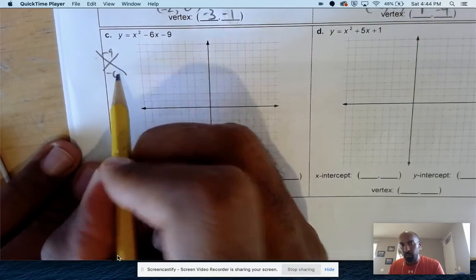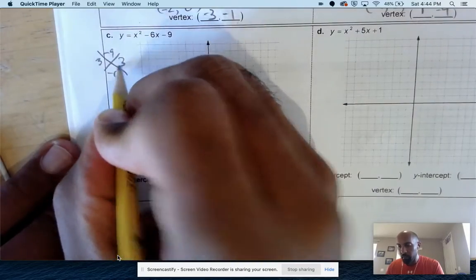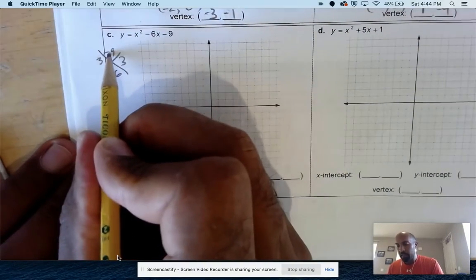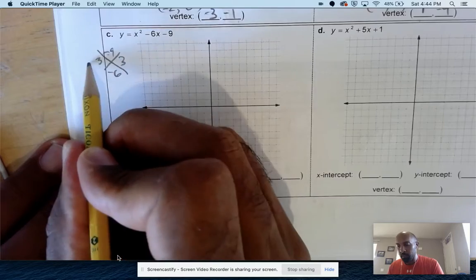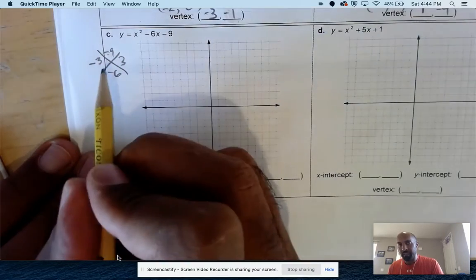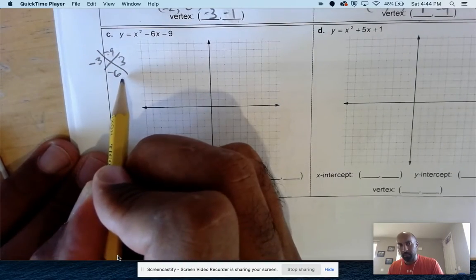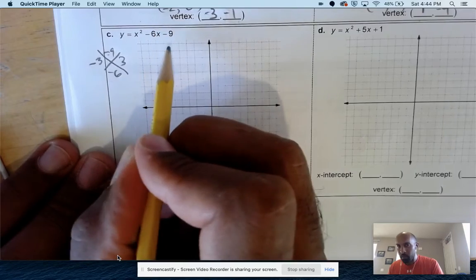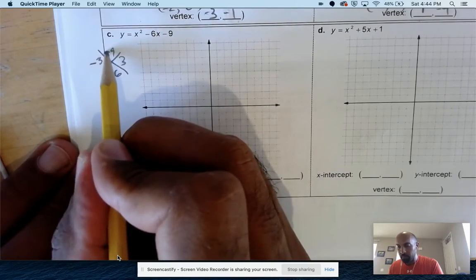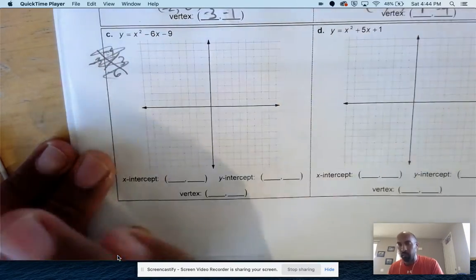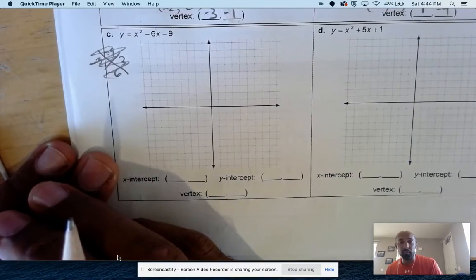Well, the only ones that come close would be 3 and 3, right? In order for that to be negative, that means only one of these can be negative, right? But then that will never add up to -6. So I know it looks like it would work, but in order for it to work, this would have to be a +9. So this actually doesn't work. So we actually need the quadratic formula for this case.